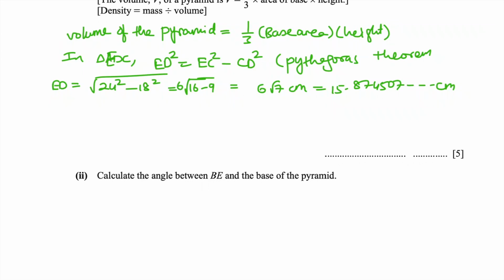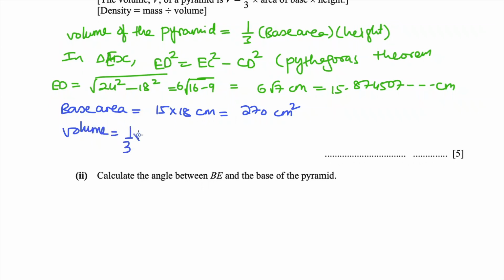Okay, now we know the height, and so we know the base area is equal to 15 into 18 centimeters, which is 270 centimeters square. So therefore volume is equal to 1 by 3 into 270 into 6 root 7 in centimeter cube. This is the base area and this is the height.